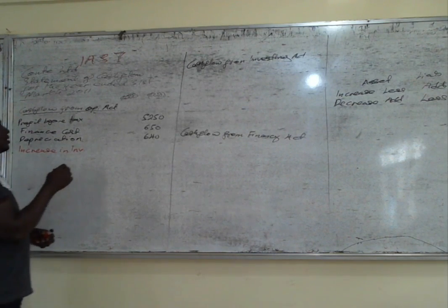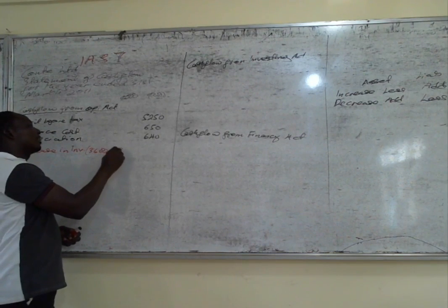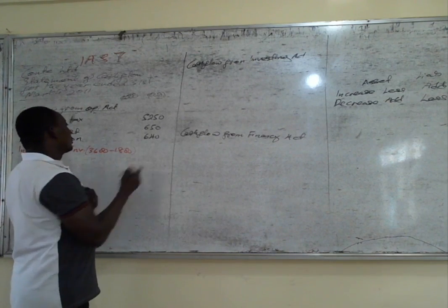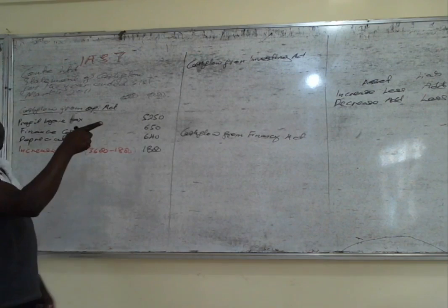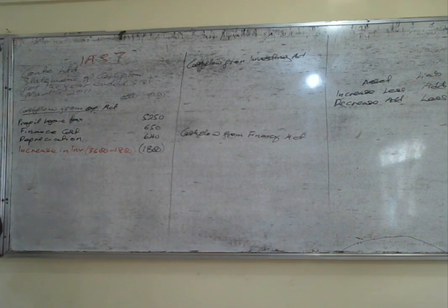If you want to put the figures there, 3,600 minus 1,800. That gives us 1,800. It's an increase, and an increase means that we have to subtract. As simple as that.